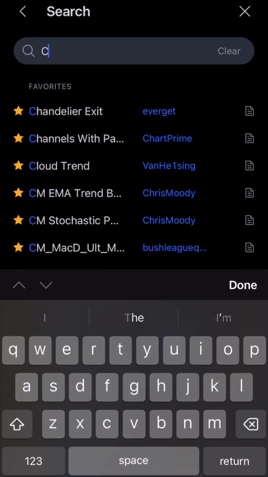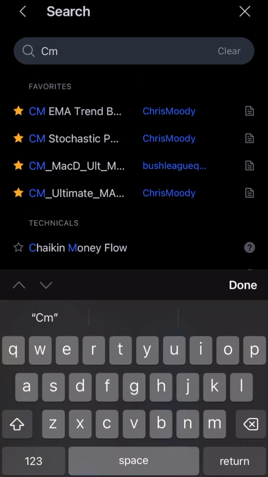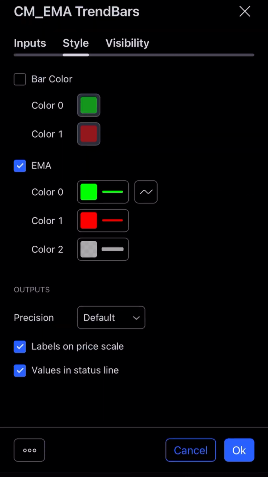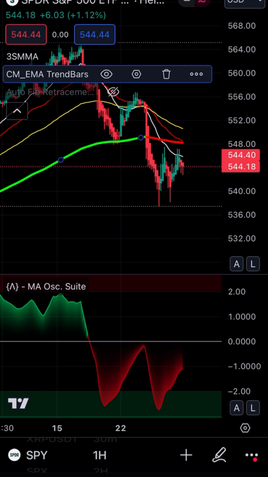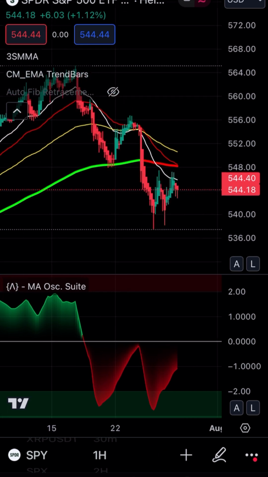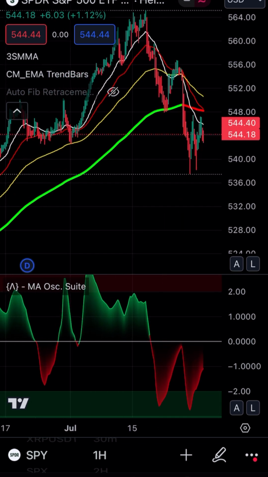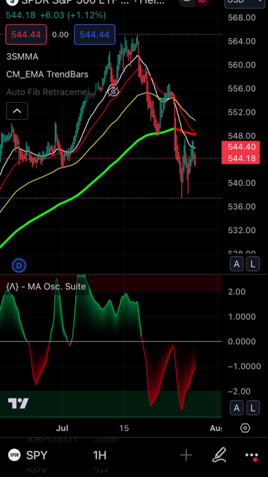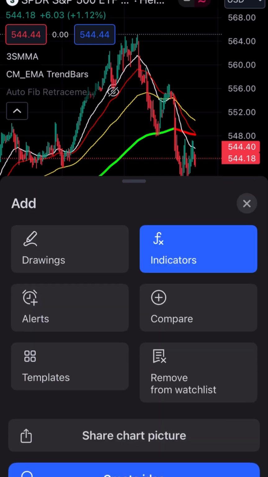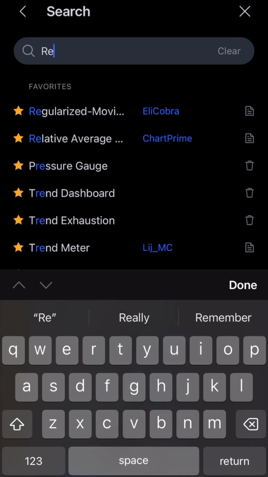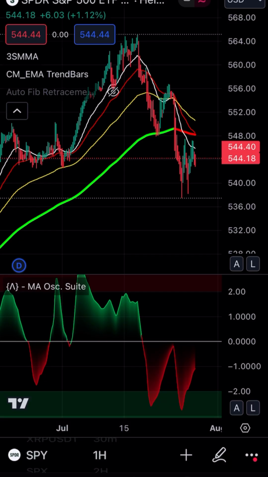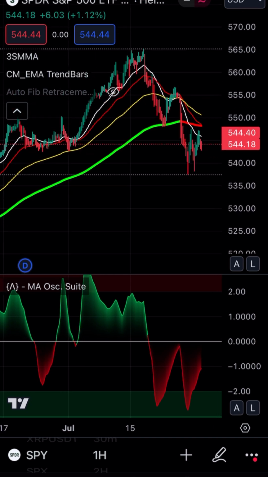What I do is put in the 200 moving average, which is color coded, so you can tell what direction it's going overall just by looking at it. So you've got all 4 of those moving averages, and then you put in your regularized moving average, and you make no changes to it. And that's basically how you set up this formula.